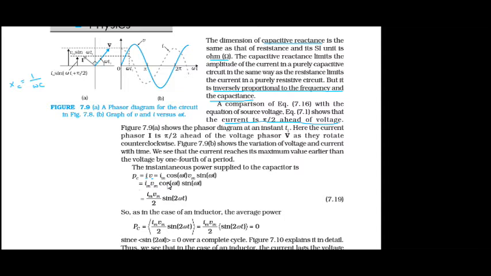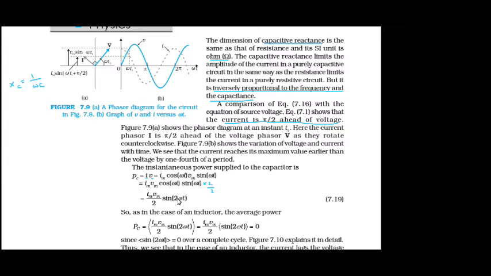I will be written as Im cos omega t, V will be written as Vm sin omega t. So ultimately, if we multiply it, Im Vm cos omega t sin omega t, we divide and multiply by 2. So we'll get 2 sin omega t cos omega t.